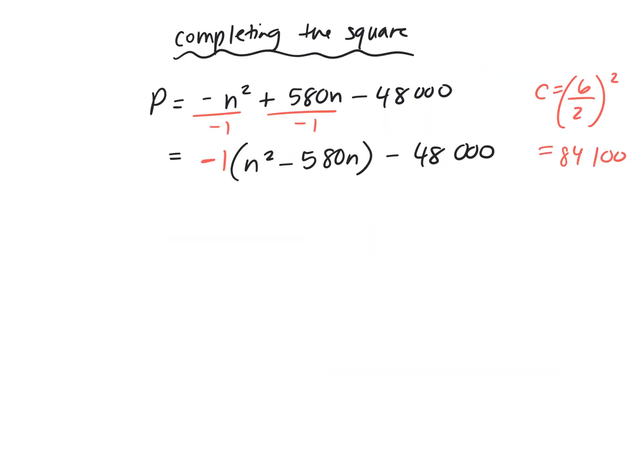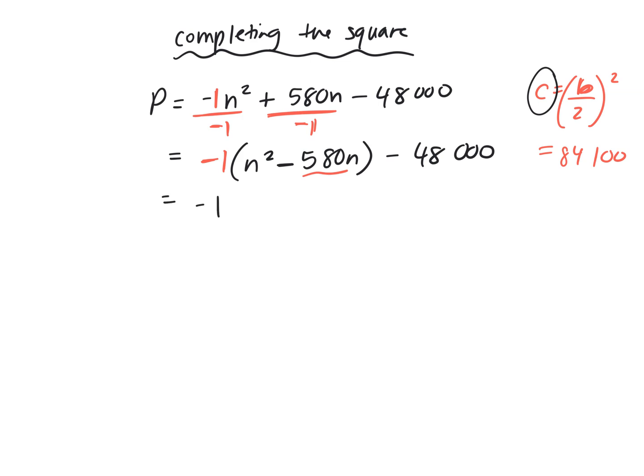Okay, so if you decide to solve this by completing the square, we divide the first two terms by -1, right? So this becomes negative 580n. To figure out C, we have to take b divided by 2, and then square it, and we get 84,100.